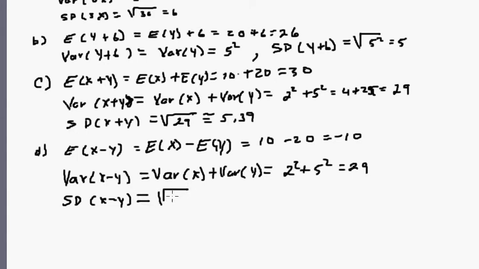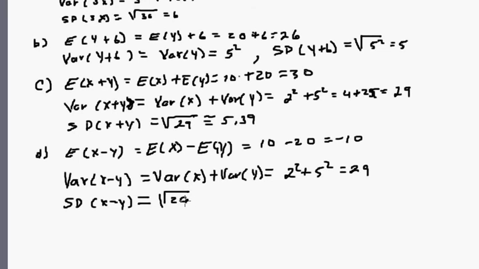It's the square root of 29, which is 5.39. So that's something to make note of if you haven't realized it yet: the variance of x plus y is the same as the variance of x minus y.